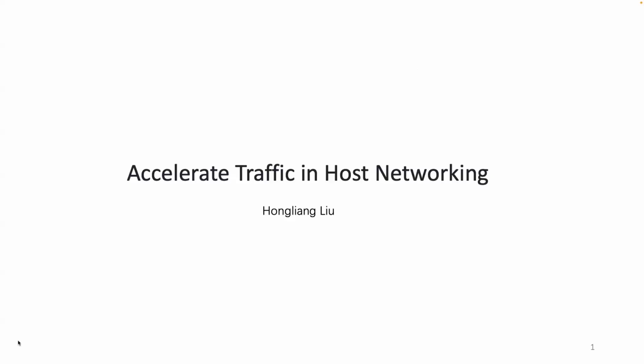I will share my screen. Okay, could you see my screen? The topic is not just about how to accelerate pod-to-pod traffic in host network in no-encap mode. I decided to extend the topic to accelerate all possible traffic types in host networking.